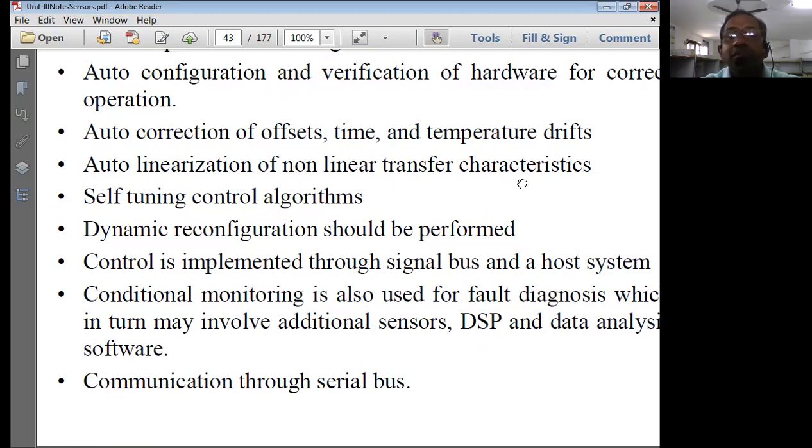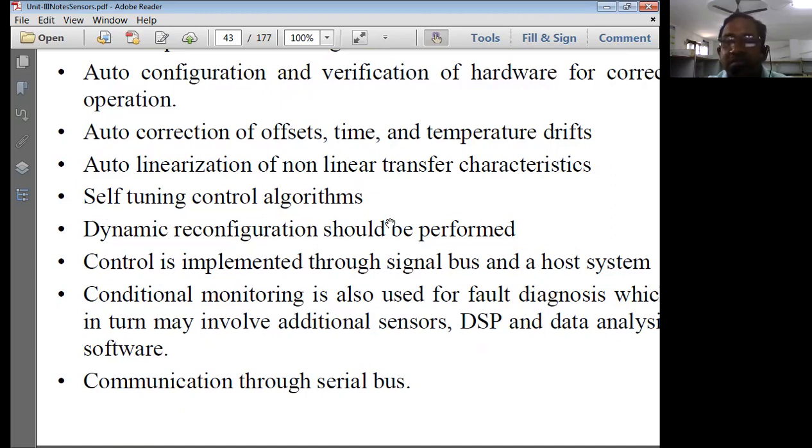Usually we normally use non-linear devices in digital circuits. When you pass a signal through a non-linear device, what happens? The output is also going to be non-linear in nature. So that has to be auto-linearized by the systems. That has to be done because smartness is there.